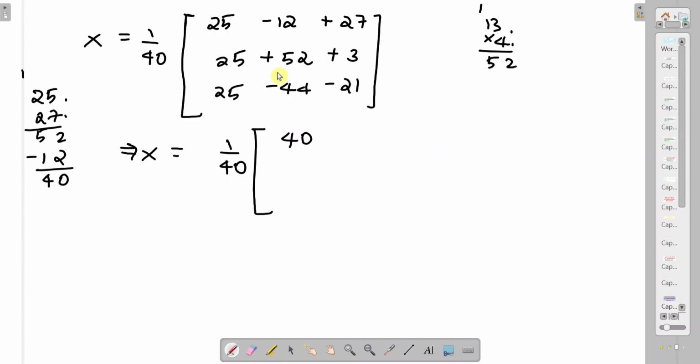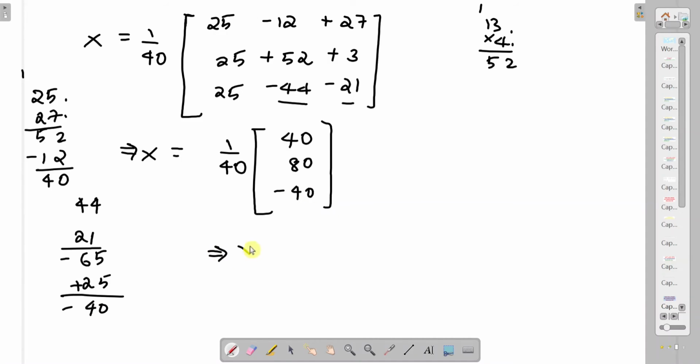Then 25 plus 52 is 77, plus 3 is 80, and 25 minus 44, or if we do minus 44 minus 21, okay, so that will be minus 65, so minus 65 plus 25, right? This is minus 65 plus 25 will be minus 40.